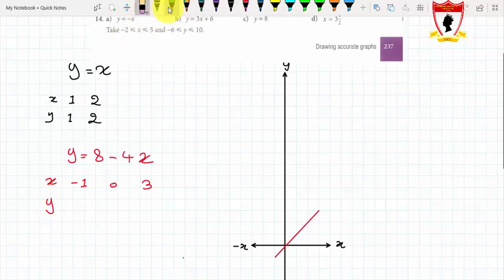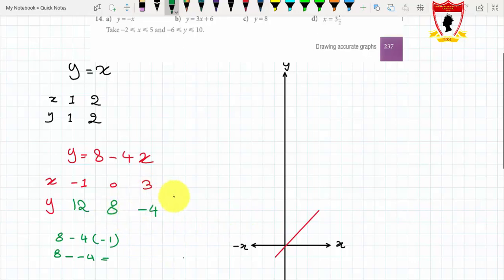If x is equal to negative 1, then y is 8 minus 4 times negative 1. 4 times negative 1 is negative 4. Then we will have 8 minus negative 4, which is 8 plus 4, 12. If we put 0 in place of x, 4 times 0 is 0, 8 minus 0 is 8, and 3 in place of x, 4 times 3 is 12, 8 minus 12 is negative 4.